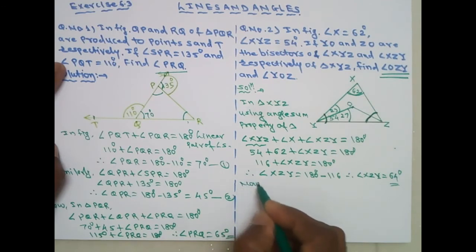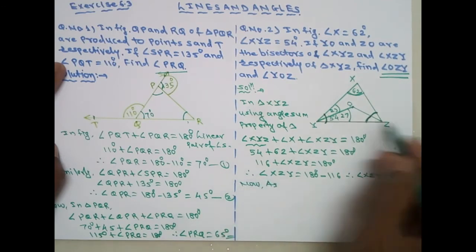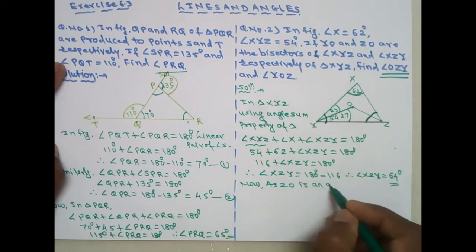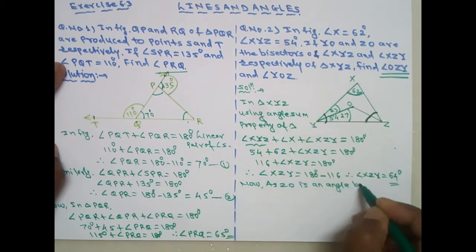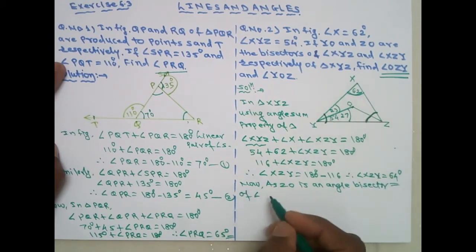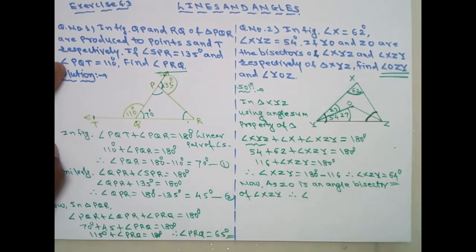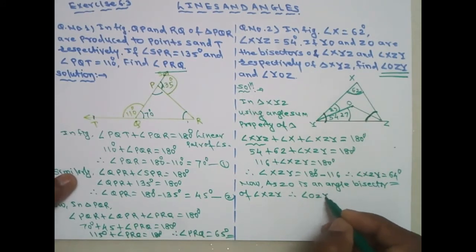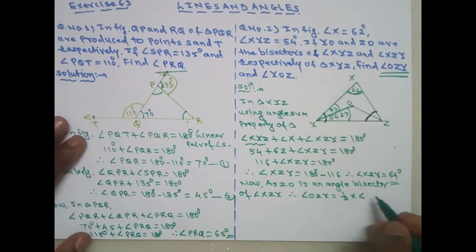Now, as ZO is an angle bisector of angle XZY, therefore angle OZY equals half of angle XZY.